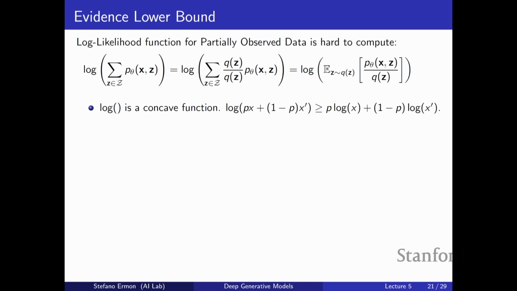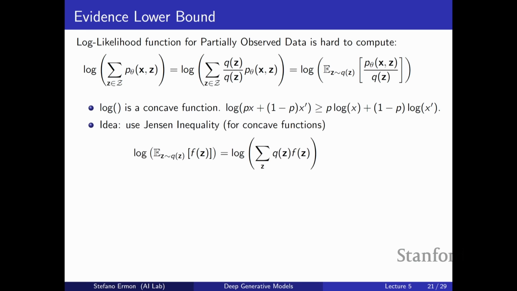Because of this concavity property, we can work out what happens if we swap the order of logarithm and expectation. If we put the expectation outside of the log, we're going to get a bound on the quantity that we want.